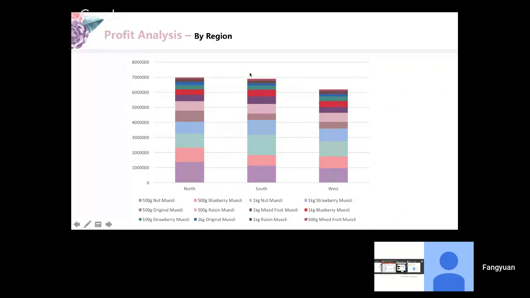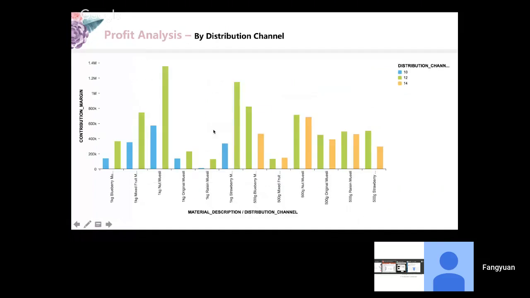Both of them almost reach $7 million. By distribution channel, the ranking from most profitable to least profitable is 12, 14, and 10. Distribution channel 12 is the most profitable one. It's the green one.